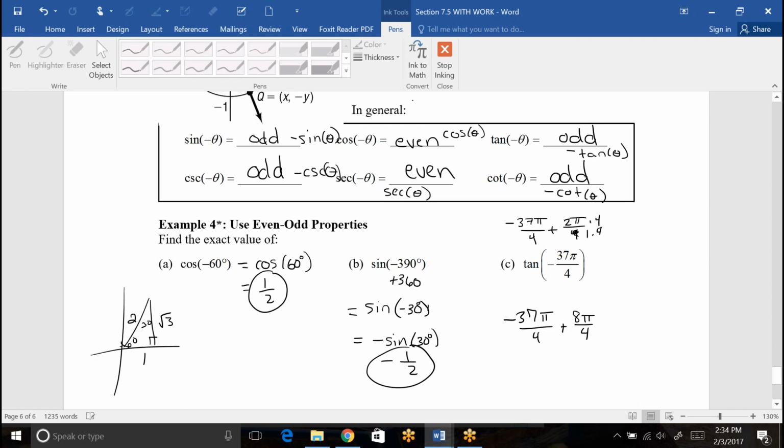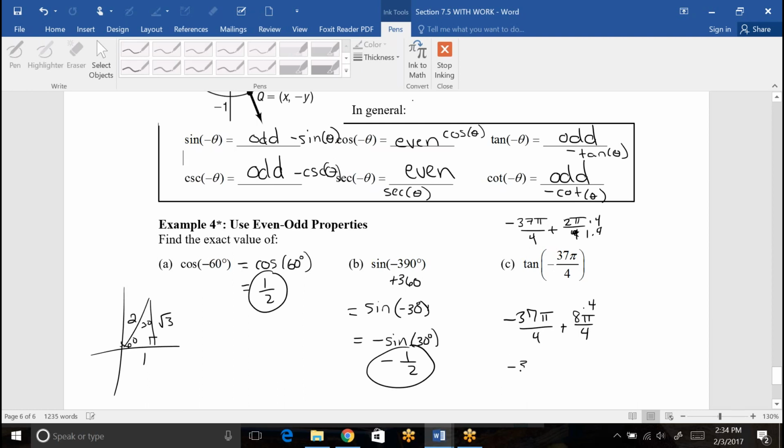So if we get a common denominator, we're trying to add multiples of 8 pi over 4. The closest 8 can get to negative 37 would be 32. So we would need to add this 4 times, and that would give us something in the negative range that we can still deal with. So I'm going to do times 4 of those.